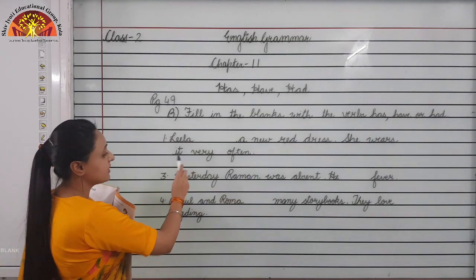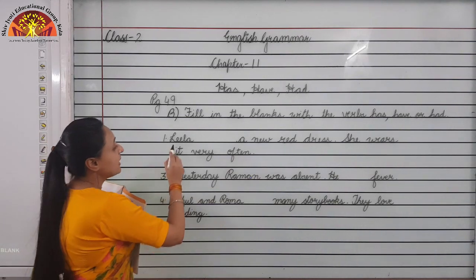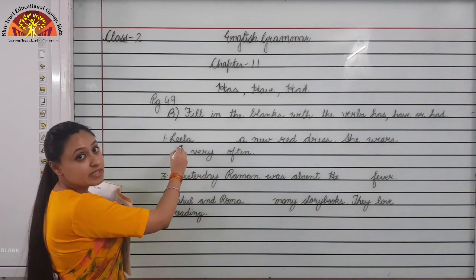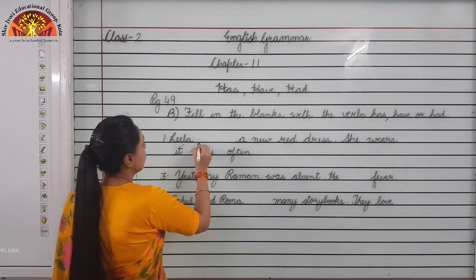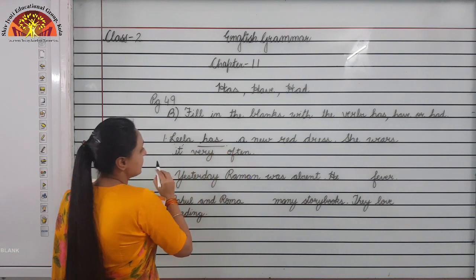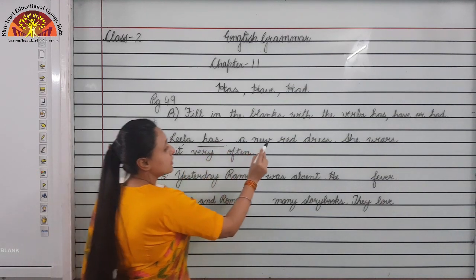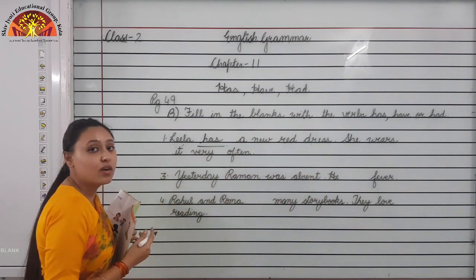So this is present tense. Okay, the sentence is of present tense. So here we are talking about one girl, Leela. So what will we use here? We will use has here. Okay, H-A-S, has. So the sentence is Leela has a new red dress. She wears it very often.